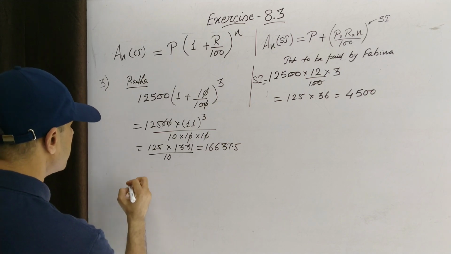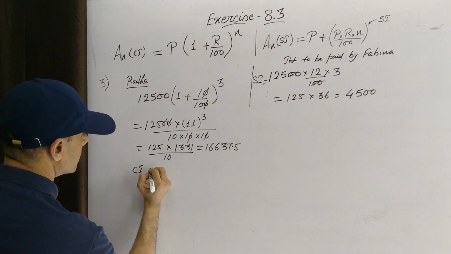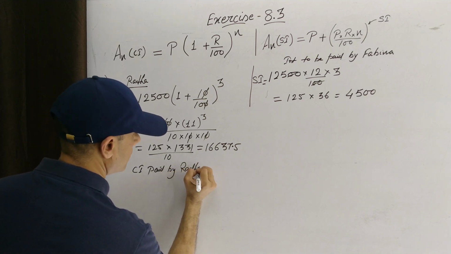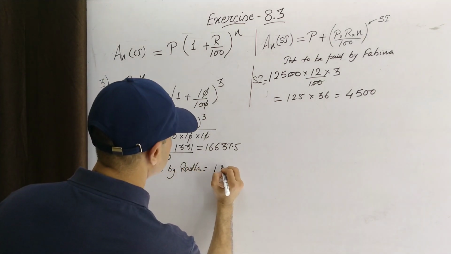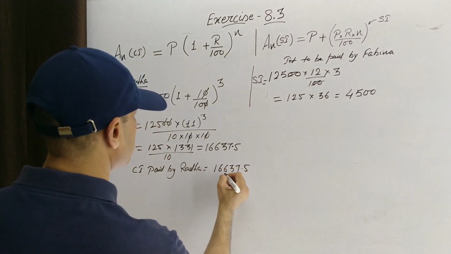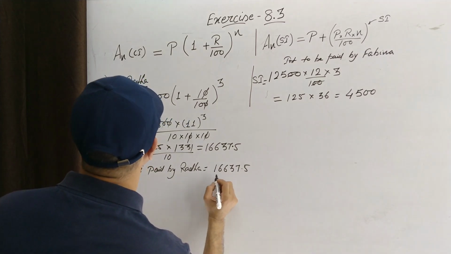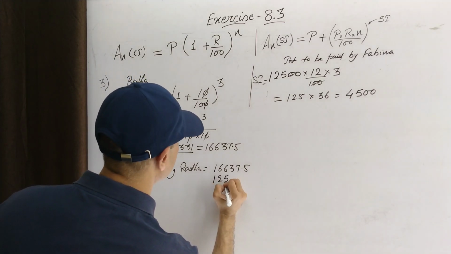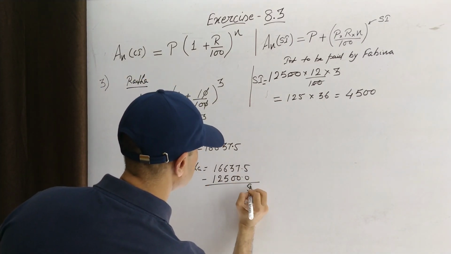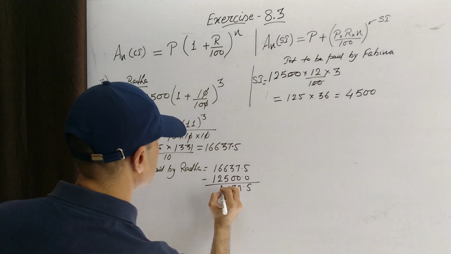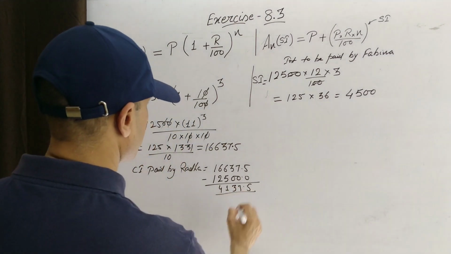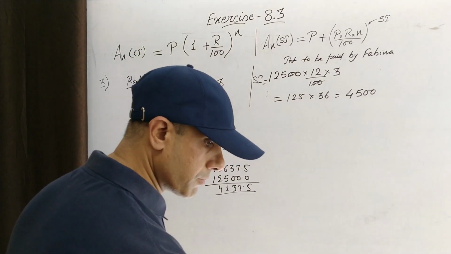Now the compound interest paid by Radha is equal to 16,637.5 minus 12,500. So that's equal to 4,137.5 rupees.